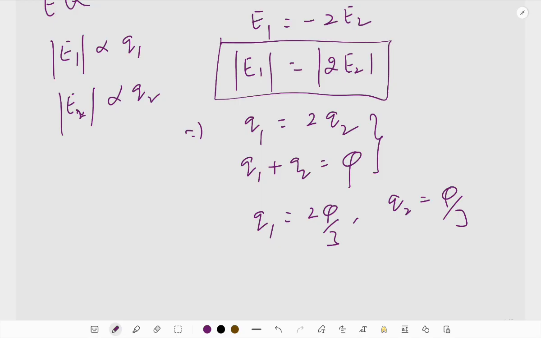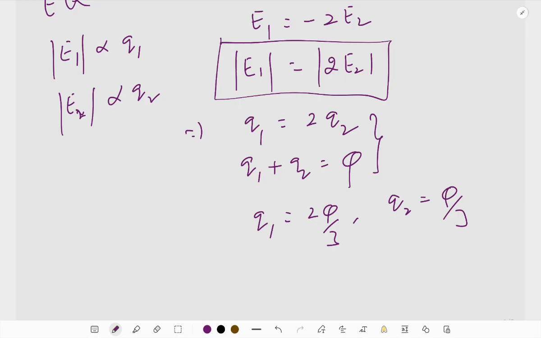And in a similar manner, you can say the charge of minus Q by 3 will pass through G2 to plate 2 from the ground. Ground to plate 2, this is minus Q by 3. And ground to plate 1, this is minus 2Q by 3.